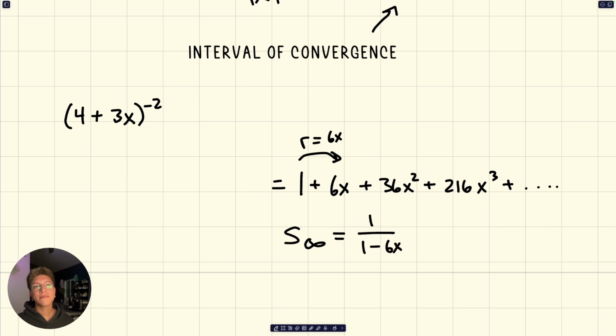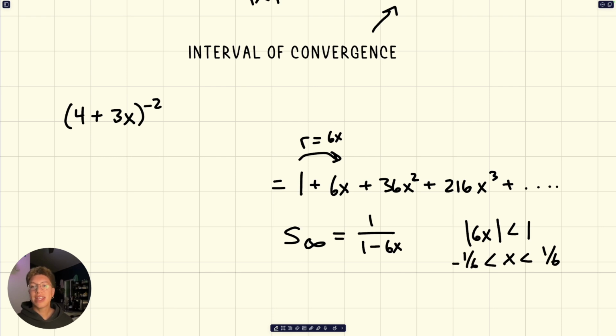The common ratio has to be less than 1 in absolute value in order for this series to actually converge, for it to be valid. If we solve this out real quick, what we see is that x has to be less than 1/6 and greater than negative 1/6.